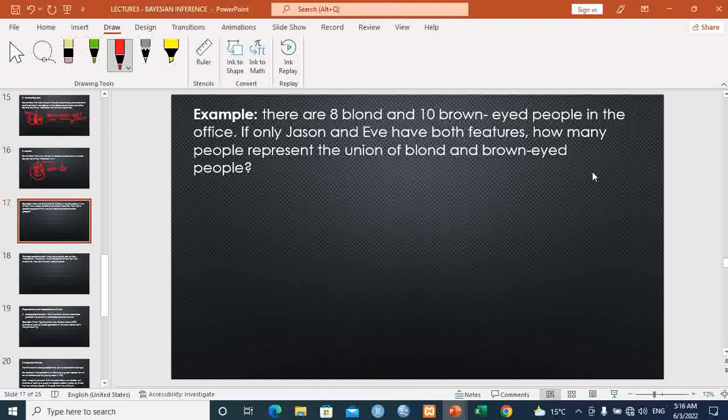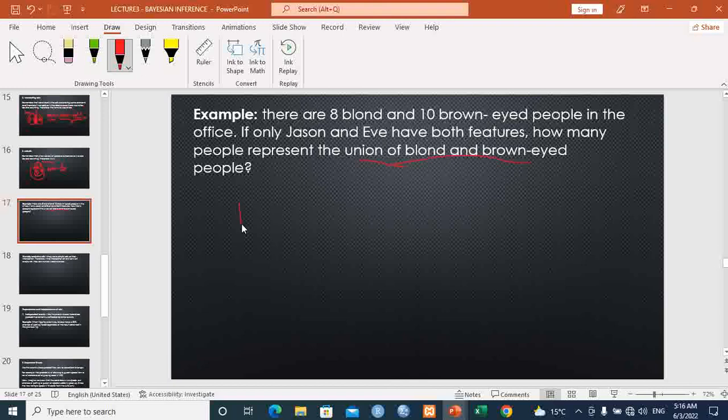If only Jason and Eve have both features, how many people represent the union of blonde and brown-eyed? The union of blonde and brown eye is what we are talking about.